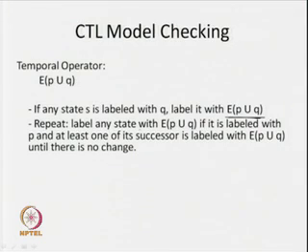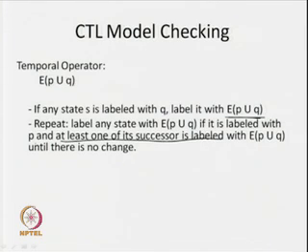Label any state with EP until Q if it is labeled with P and at least one of its successors is labeled with EP until Q. P should remain true until Q becomes true, and we need at least one path. That is why we say at least one of its successors is labeled with EP until Q, and P must be true at that point.